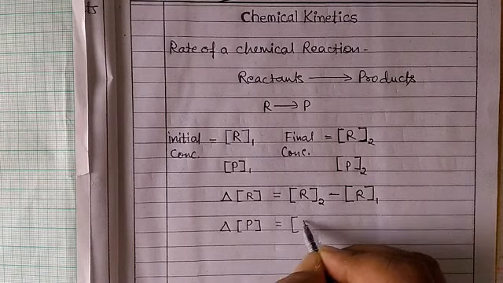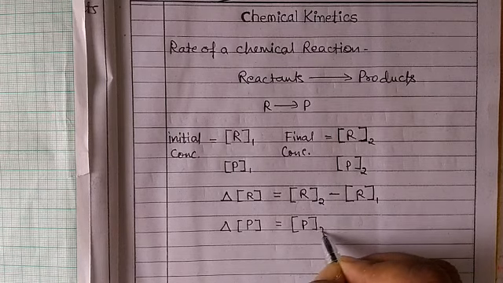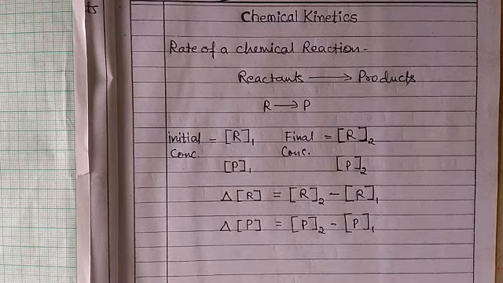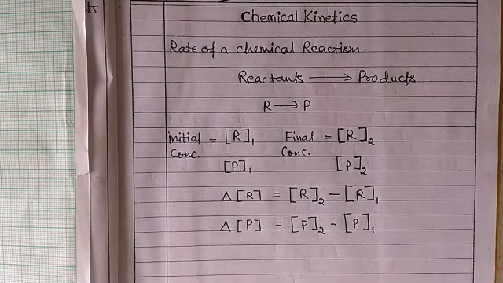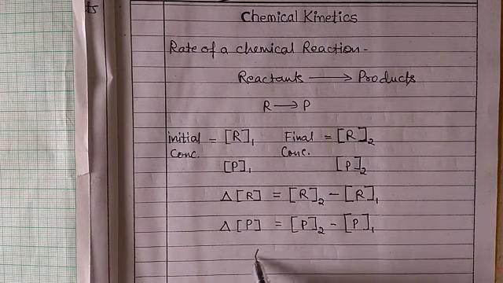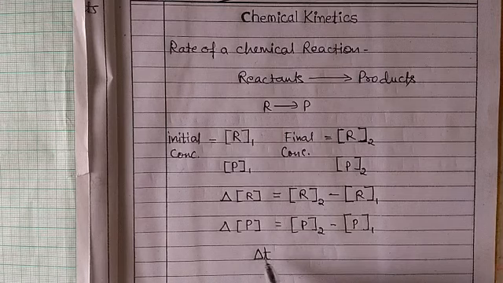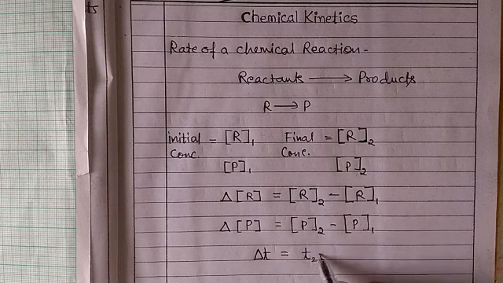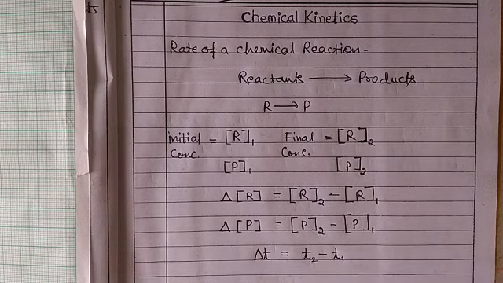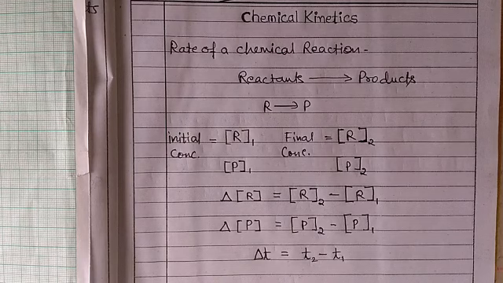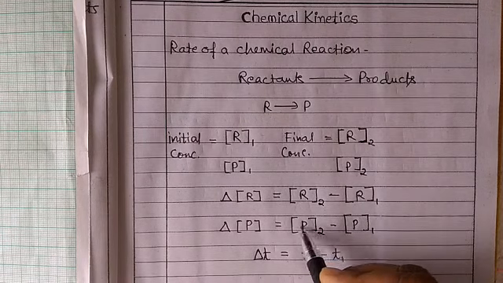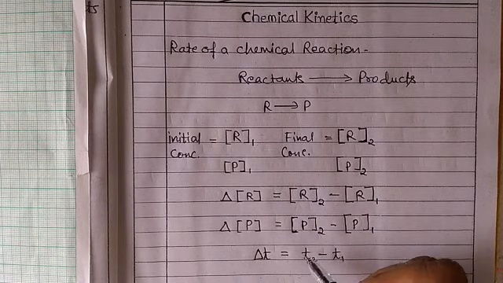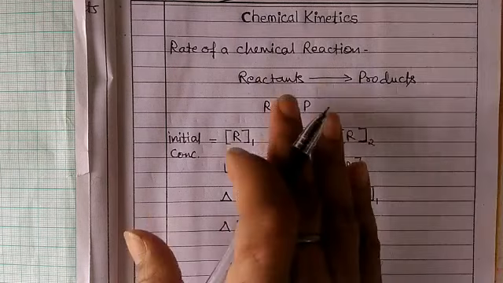The change in concentration of products will be the final minus the concentration at the initial state. And during this time, what will be the change in time? Delta t is equal to, initially time was t1, now it is t2. So it will be taken like this. We have to keep in mind that these square brackets are used to express the molar concentration of these chemical species.